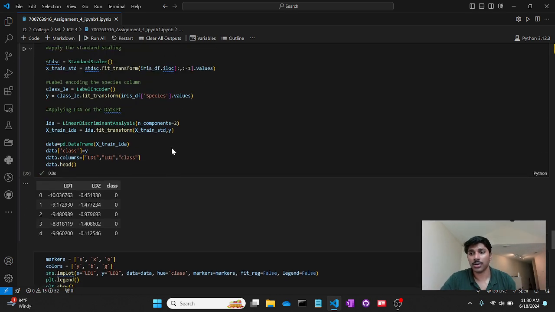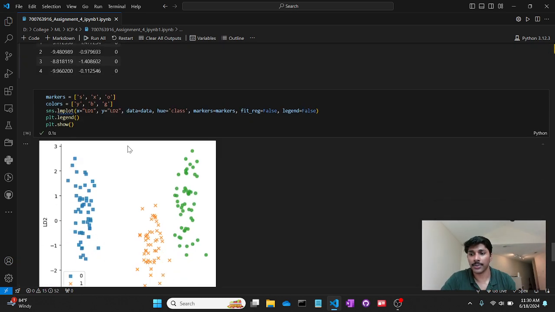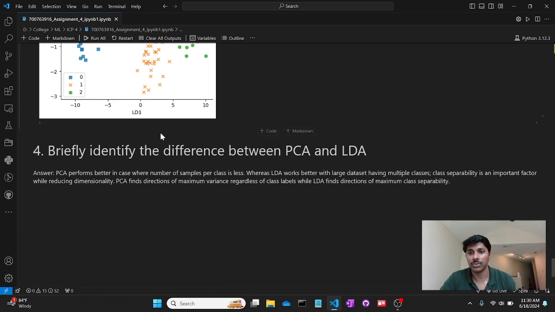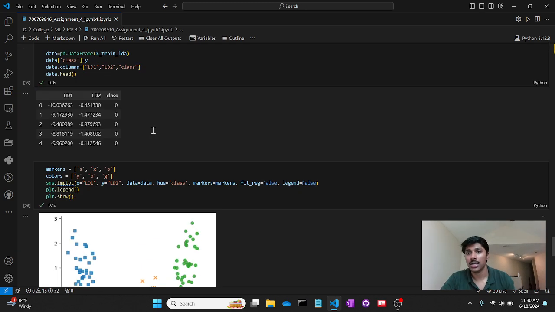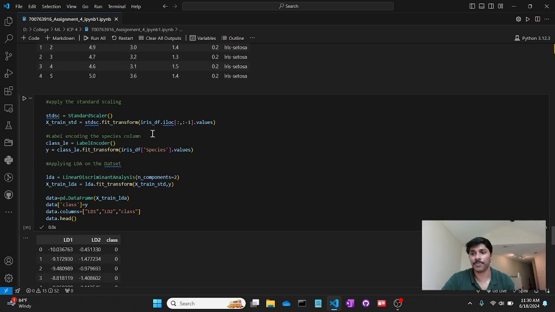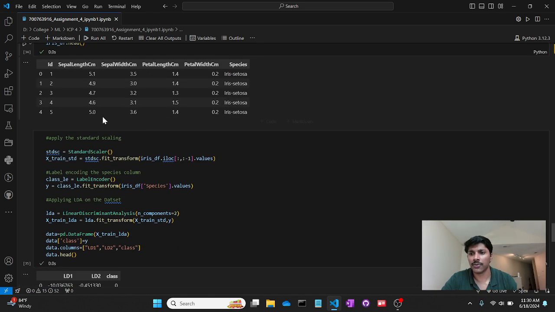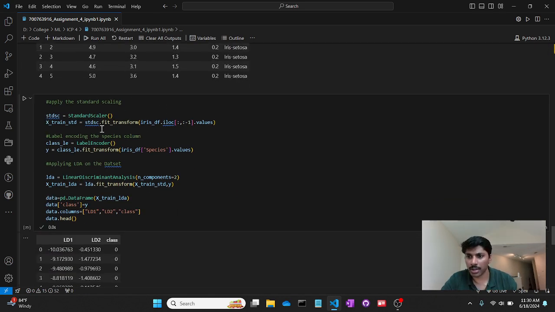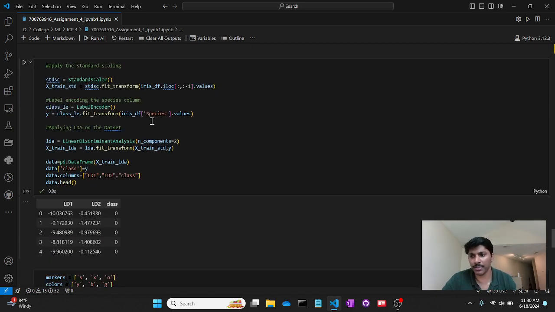Once I did the data scaling, I plotted the data in a graph to showcase it. And then we convert the species names into numbers.